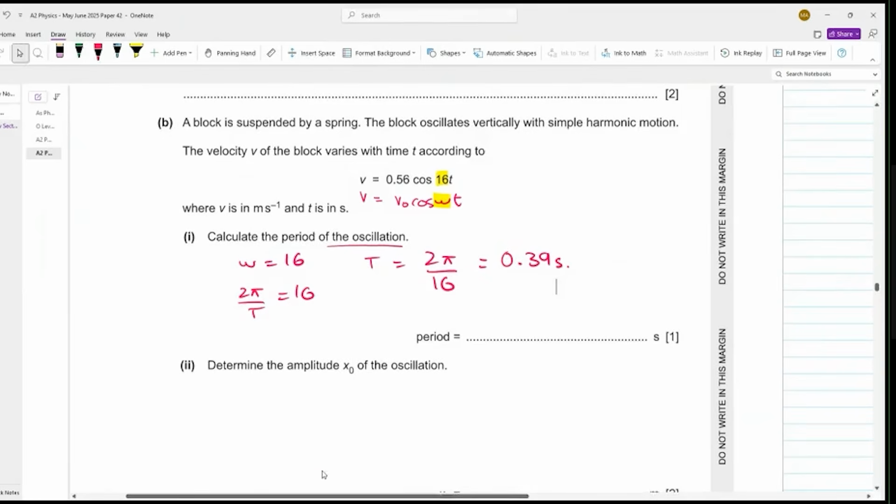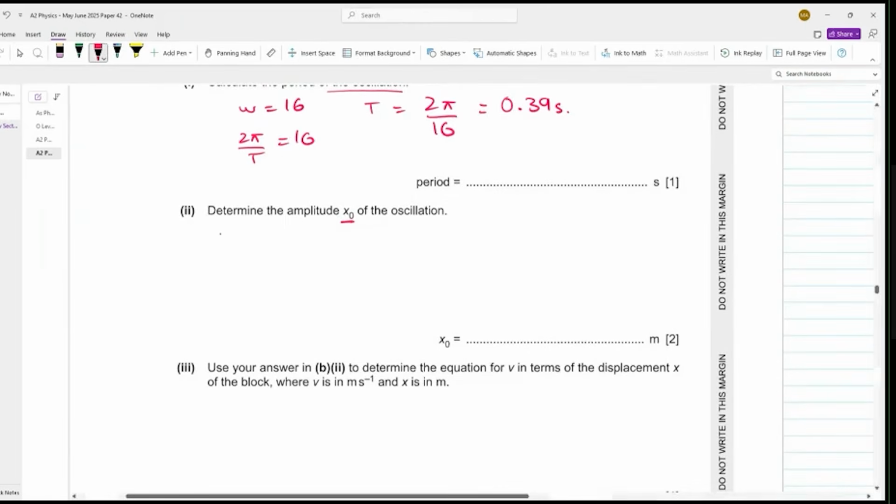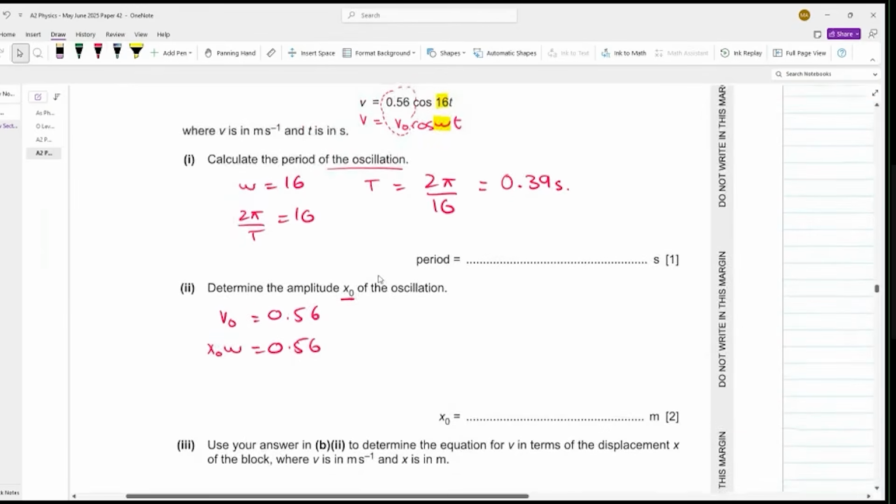चलो आगे बढ़ते हैं. Now you have to calculate x naught, amplitude of the oscillation. How will you do that? Can you realize 0.56 is equal to v naught? Okay, you can say 0.56 is equal to v naught. v naught किसके इक्वल हो जाएगा? x naught into w is equal to 0.56. w की वैल्यू निकाल चुके हैं हम. w is equal to 16.